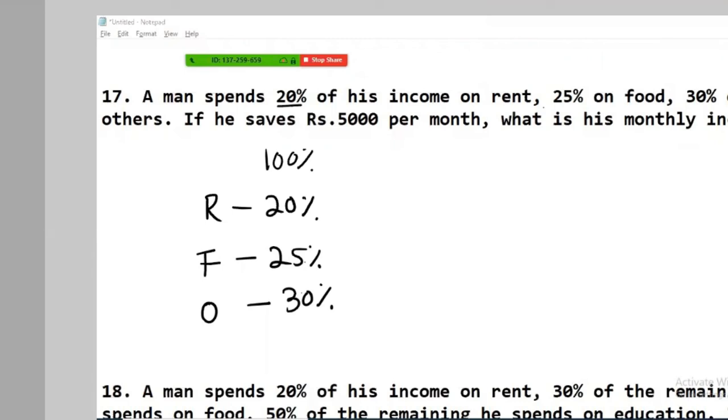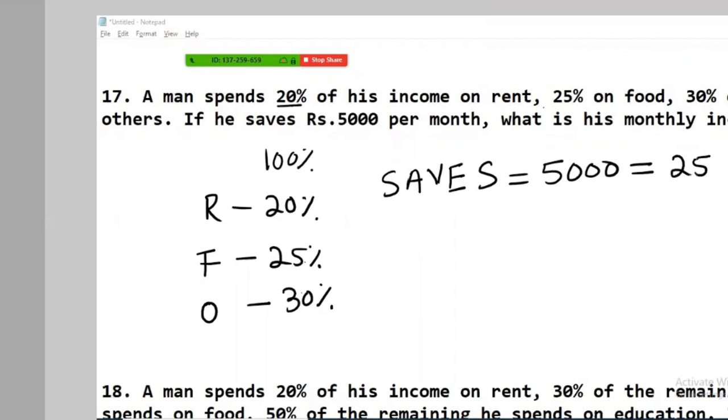So total spending is 75%, and he saves the remaining. He saves 5,000 rupees. Can I say that 5,000 is nothing but only the remaining? So if spending is 75, the savings are 25%.